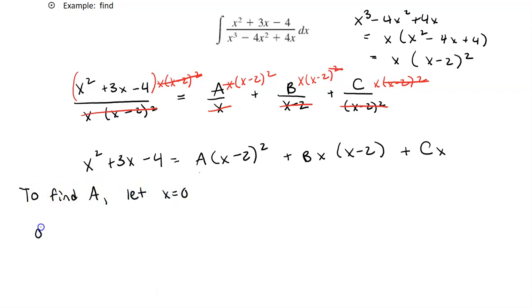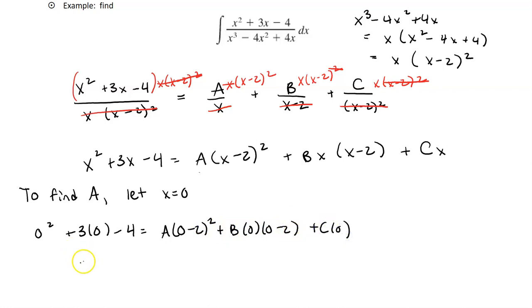So that will give me 0 squared plus 3 times 0 minus 4 equals a times 0 minus 2 squared plus b times 0 minus 2 plus c times 0. So I get negative 4 equals positive 4a plus 0, or a equals negative 1.